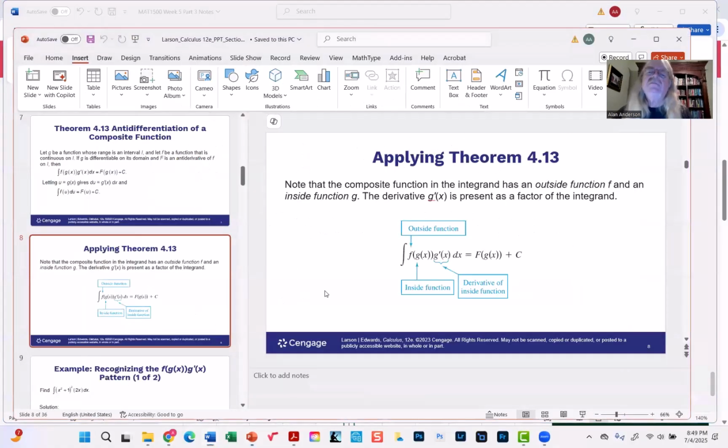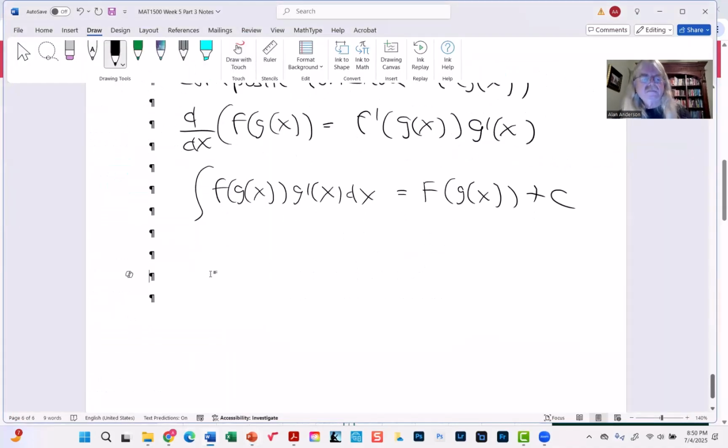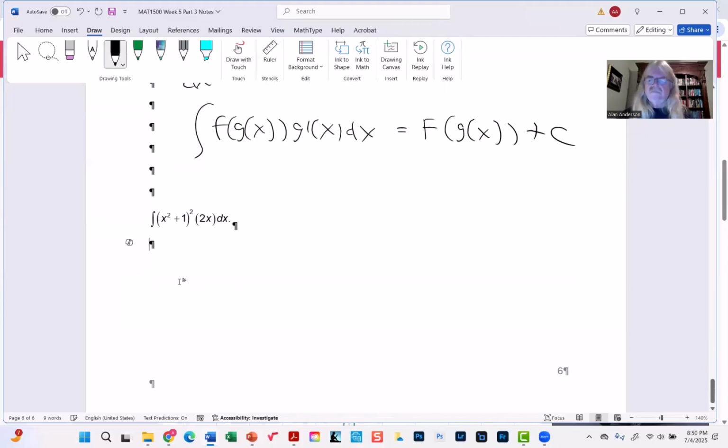Okay, so anyway, let's do some examples. I mean, it's very abstract the way it's written right now. So let's say we have this setup. So we first have to ask ourselves, is it possible that substitution would work in this one? Well, let's see if we can identify g of x, f of x, and g prime of x.